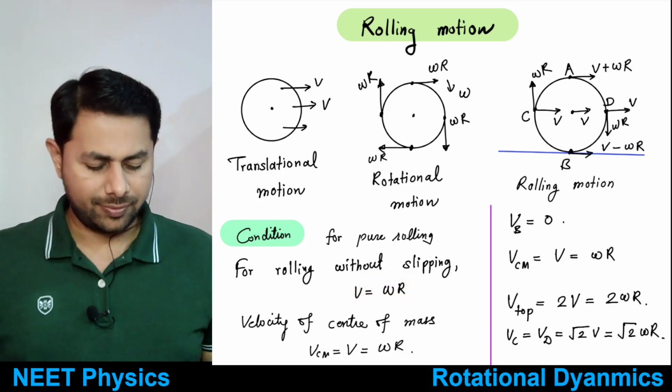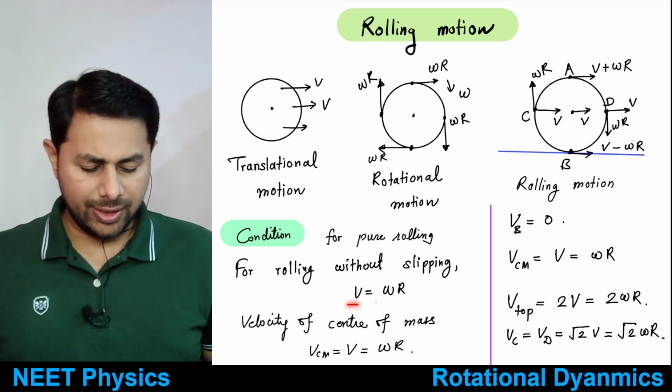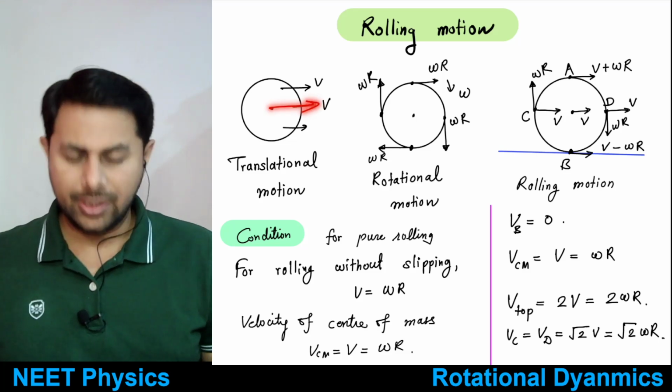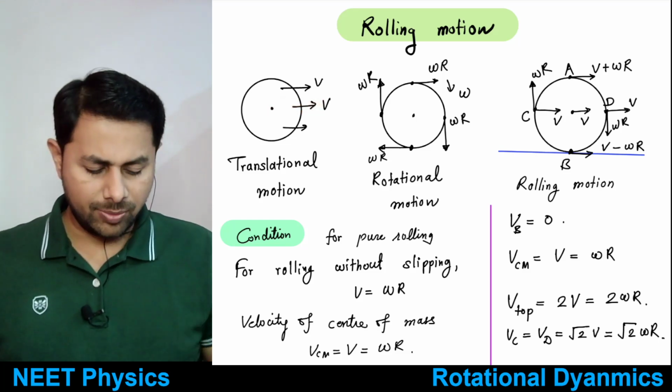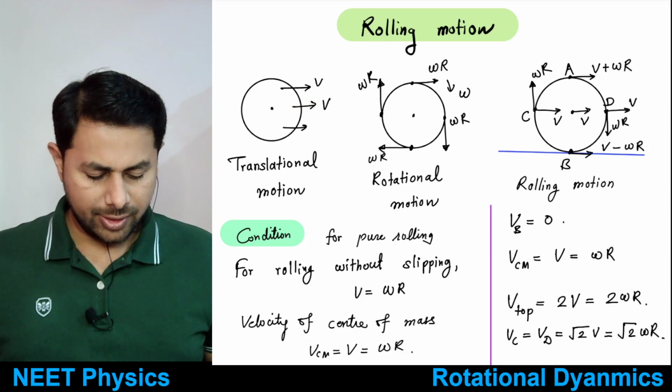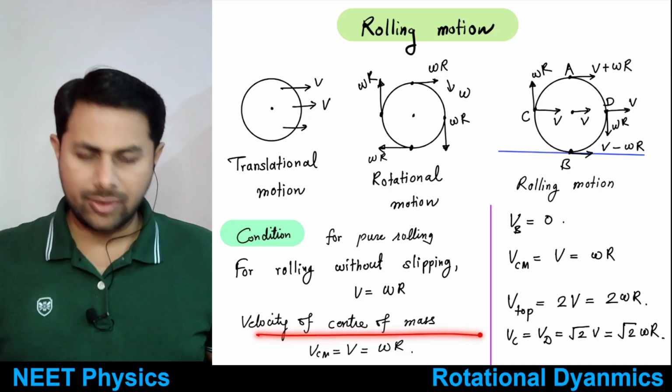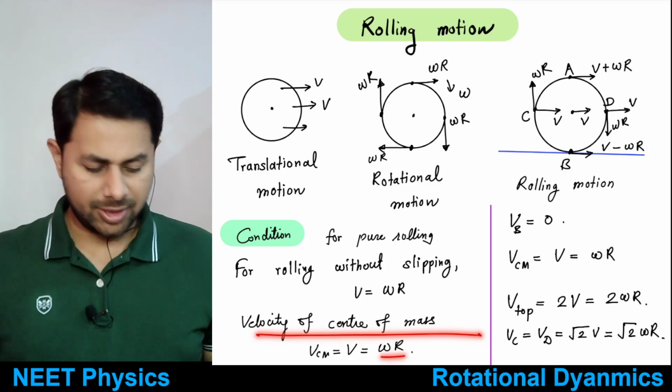This is the condition. So velocity of linear motion and velocity of rotational motion should be equal. Then velocity of center of mass would be just equal to omega times r.